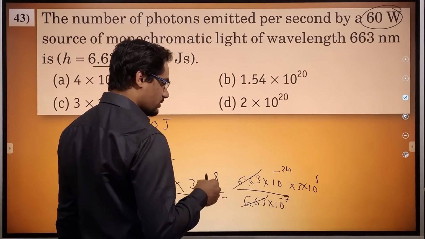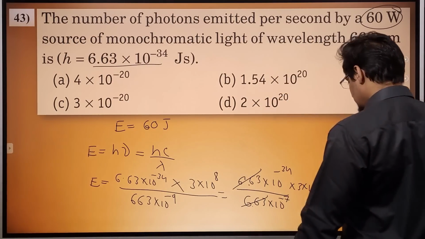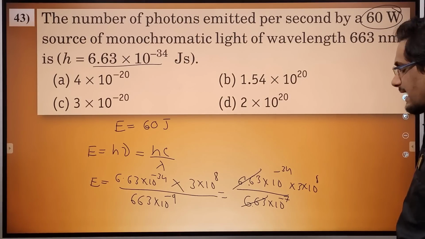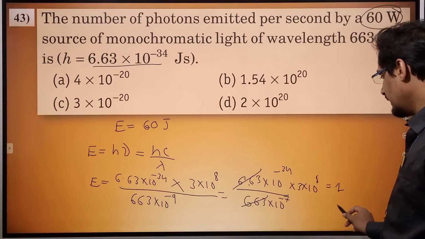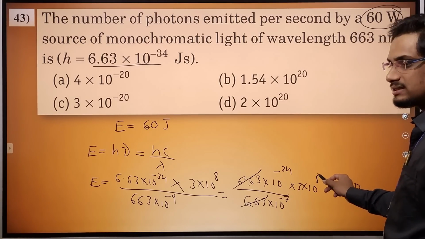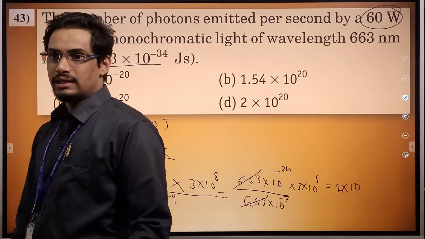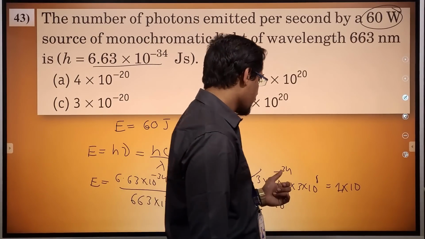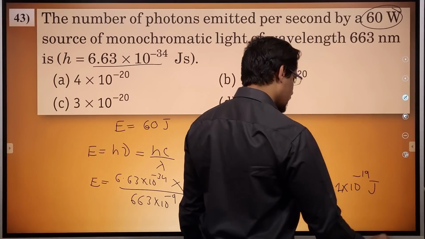So this one cancelled. So it would be minus 34 plus 7 plus 8. So it would be 1 into 10 to the power minus 34 plus 8 plus 7. 8 plus 7 would be 15. So it must be 10 to the power minus 19 joules.